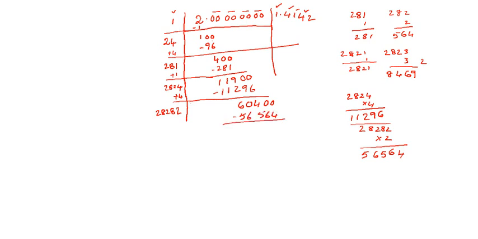Now you subtract it. Six, 3, 8, 3. Okay, again you may carry 2 more zeros and continue in the same manner.